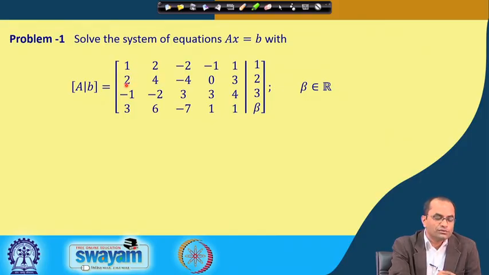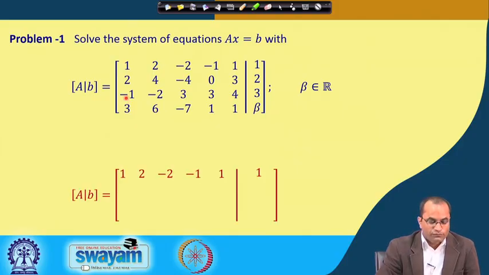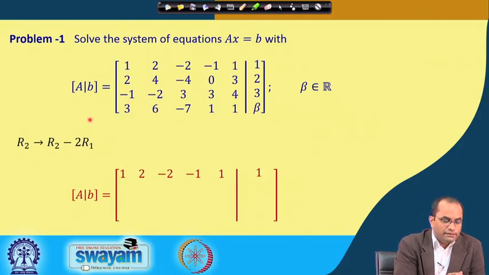Our focus is just to set this to 0, and the rest will change accordingly, but we will eliminate this x1 from equation number 2, and the corresponding coefficient from equation number 3 and also from equation number 4. So, for that we need to do this elementary operation.